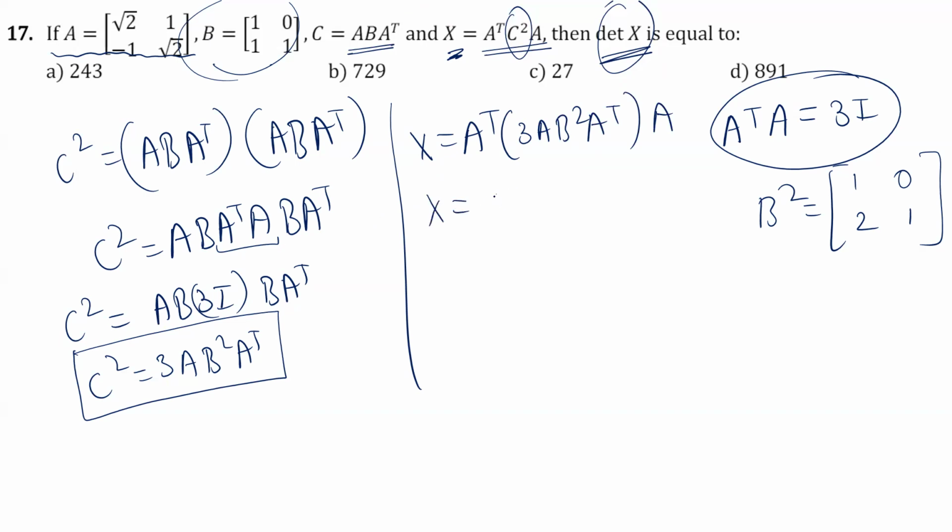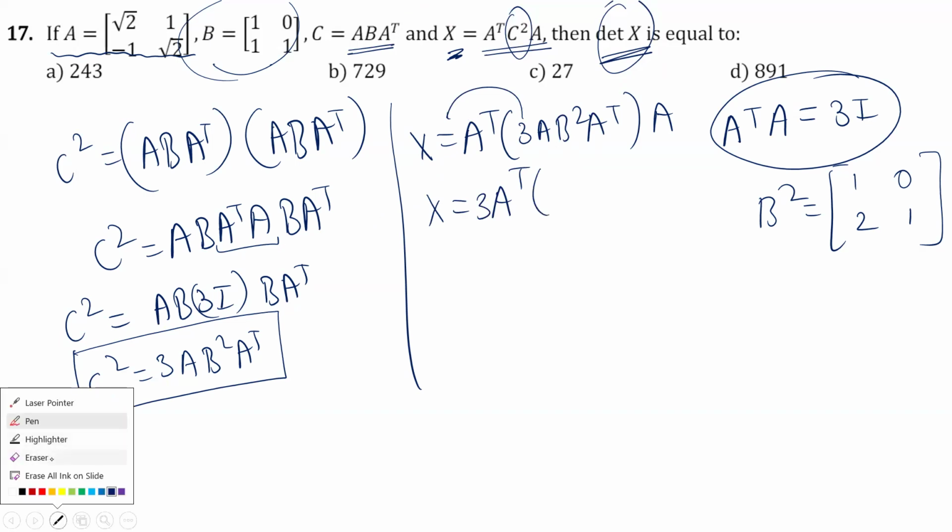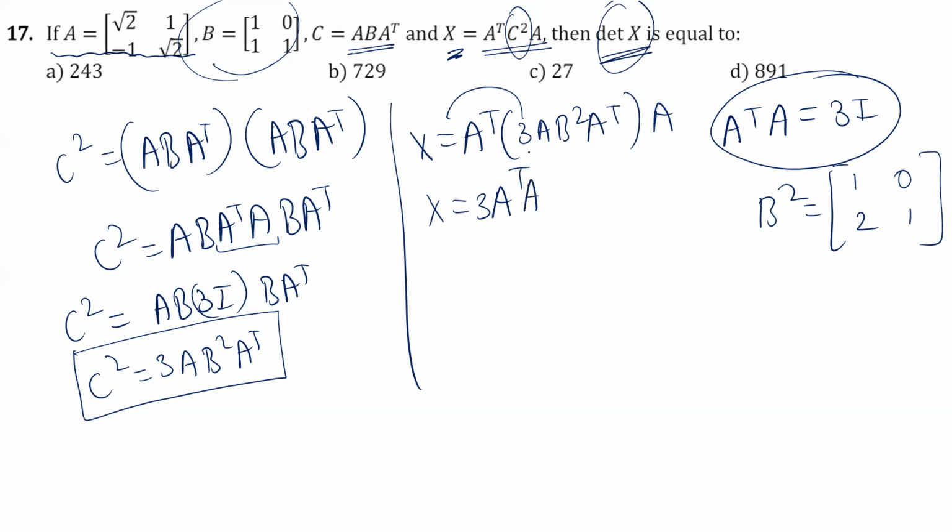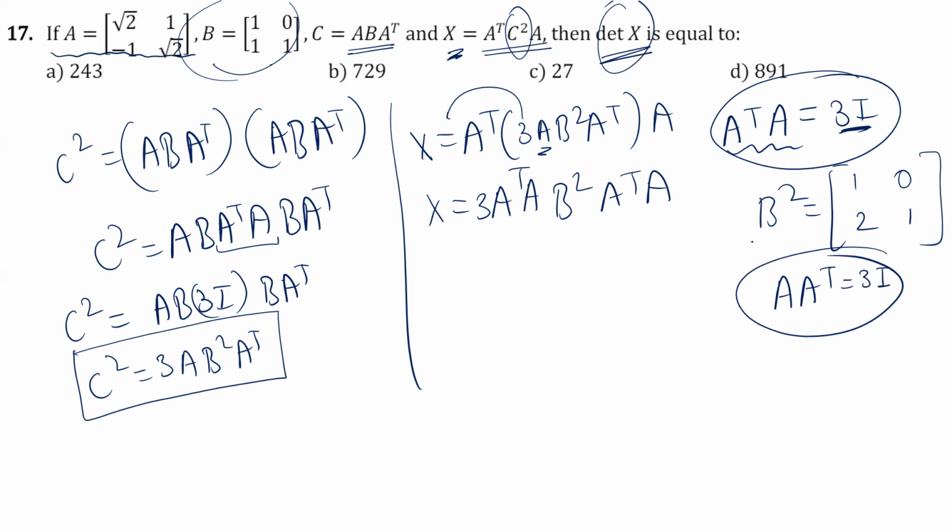So this will be X, A transpose. 3 you can take out. So 3 A transpose, and A here, this A and then B square and then A transpose A. Okay. So if you know that A transpose A is 3I, you can check that.